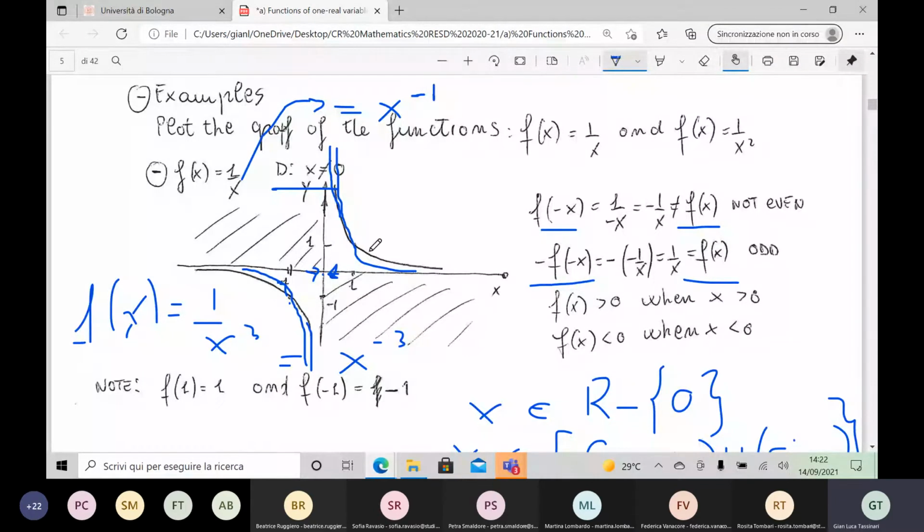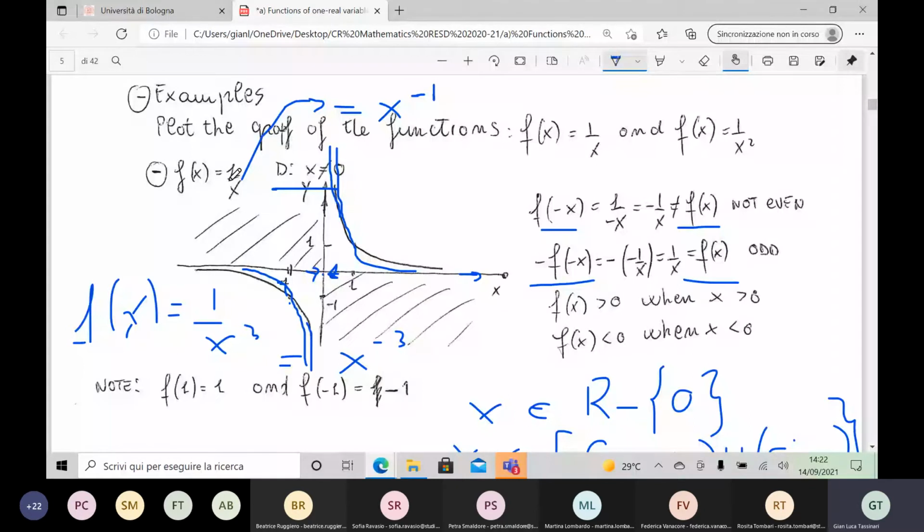You can study on your own, for example in one graph, the difference between 1 over x and 1 over x to the power 3. The hint is the following: try to give 1/2 to x, and try to give 2 and 3, and you will see which function decreases faster as we move in this direction.